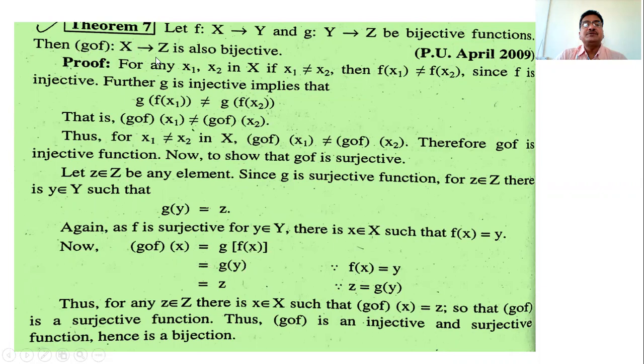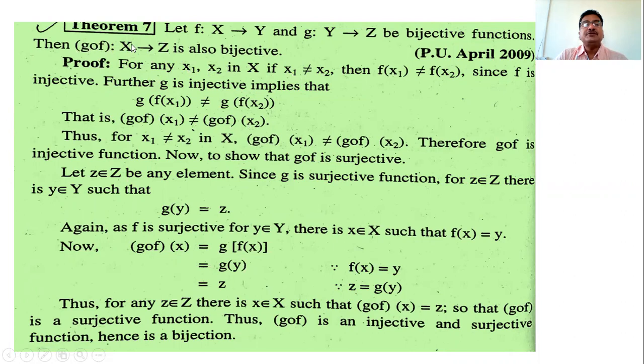When x1 and x2 are in X such that x1 is not equal to x2, if G circle F of x1 is not equal to G circle F of x2, then this function becomes injective.